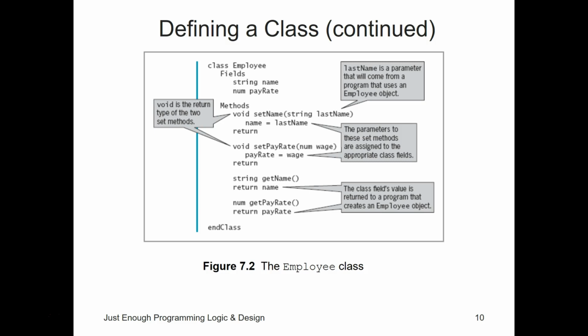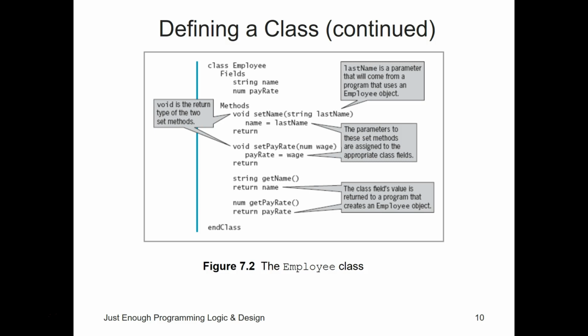So, the first thing we do is void, we have a method called setName, and it has a string and a variable called lastName. So we send into this method something called lastName, and it creates a variable called name. So we're just creating a way that we can name our individual object.